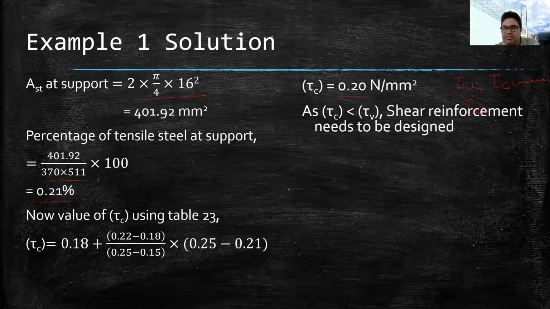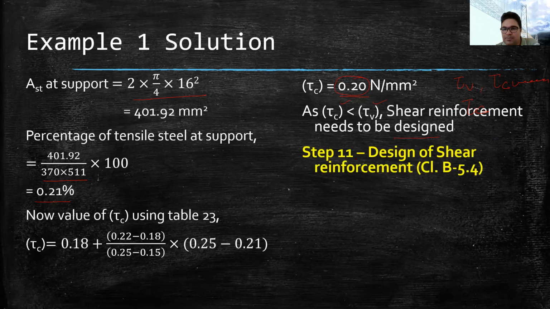Here we can see that the tau c value is less than tau v, because the tau v value was 0.27 and the tau c value is 0.20, which means it is not safe in shear. So we have to provide shear reinforcement. That is this step. In step 11 we will design shear reinforcement, which we will do in the next part. Thank you.